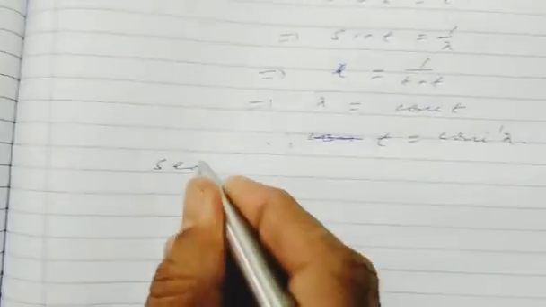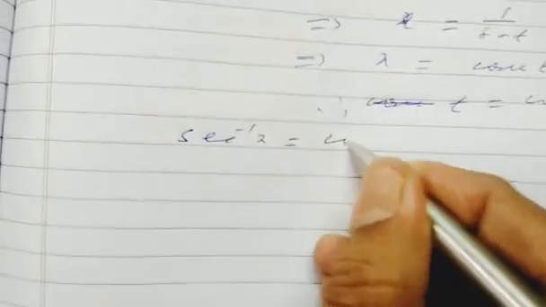In the same way, sec inverse x can be written as cos inverse of 1 by x. So the second result is sec inverse of x is equal to cos inverse of 1 by x. Here also x should be greater than or equal to 1 or less than or equal to minus 1.